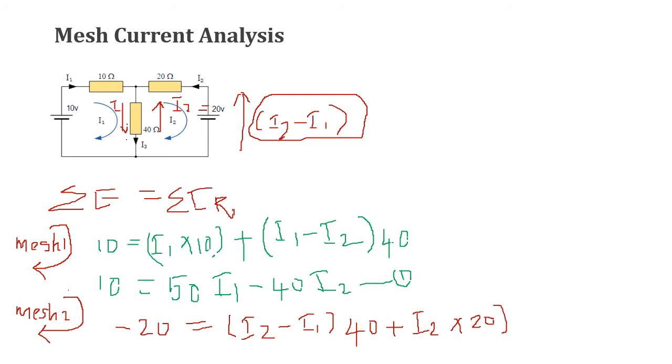So within brackets, minus 20 equals minus 40 I1 plus 40 I2 plus 20 I2. So total 60 I2.